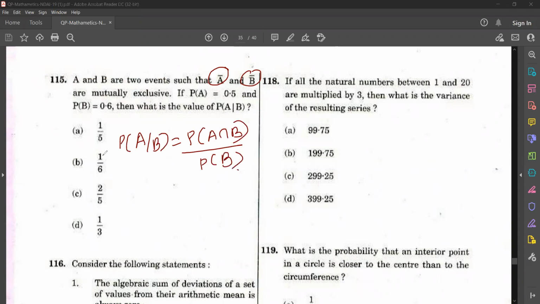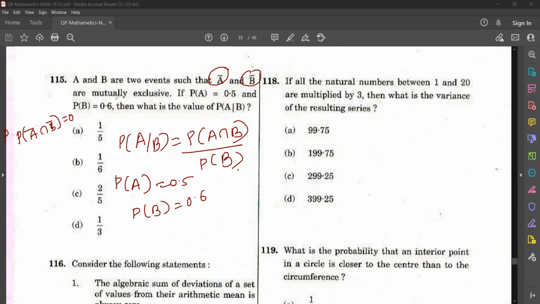Now listen, they have given A bar and B bar are mutually exclusive. So P of A they have given 0.5. P of B they have given 0.6. Now we have P of A bar intersection B bar as 0, isn't it? Why?